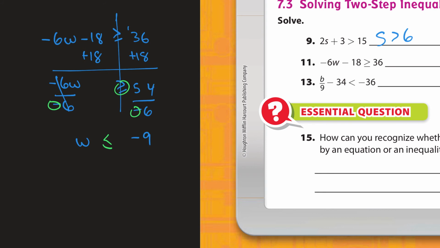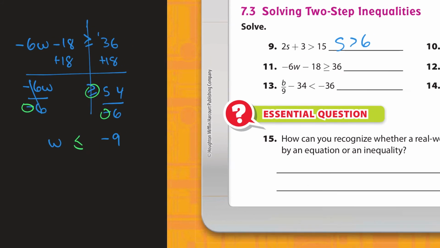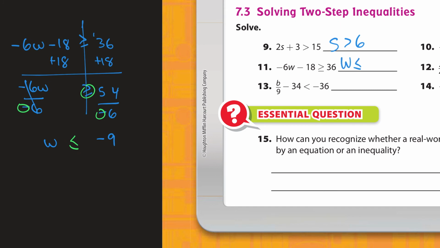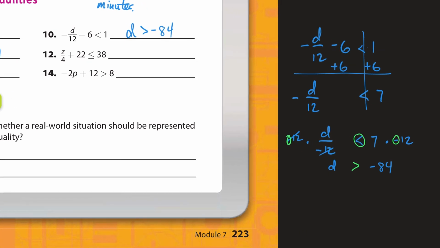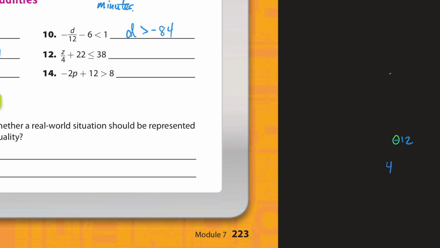I'll write that down now. Over here, w is less than or equal to negative 9. Other side, I'll erase this. What we got is z over 4 plus 22 is less than or equal to 38. So two sides, and the inverse of adding is subtracting, so I'm going to subtract 22.